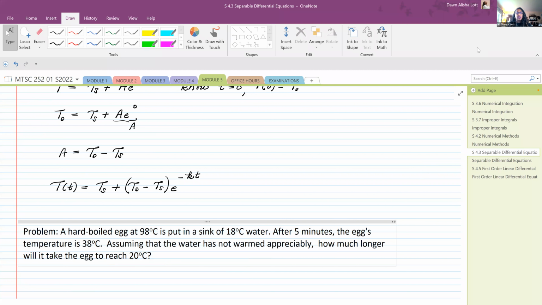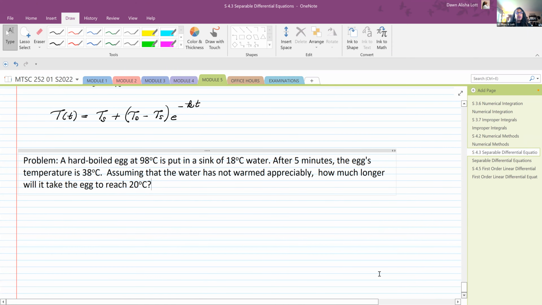After 5 minutes, the egg's temperature is 38 degrees. Assuming that the water has not warmed appreciably, how much longer will it take the egg to reach 20 degrees Celsius? So we're assuming that although this egg is losing heat to its surrounding medium, because the water is so massive, it's really not going to change temperature.